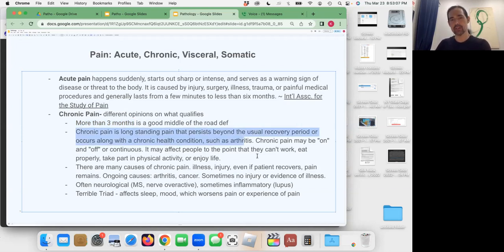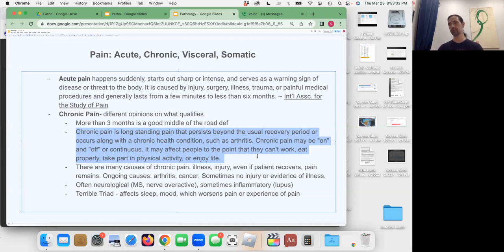Chronic pain is a long-standing pain that persists beyond the usual recovery period or occurs along with a chronic health condition like arthritis. Chronic pain may be on and off, like it comes and goes, flares up and recedes, or it might be continuous, all the time with some flare-ups.